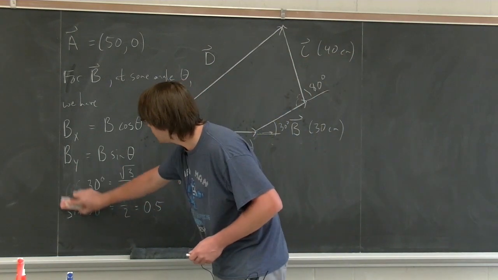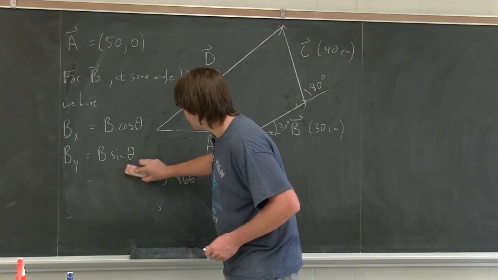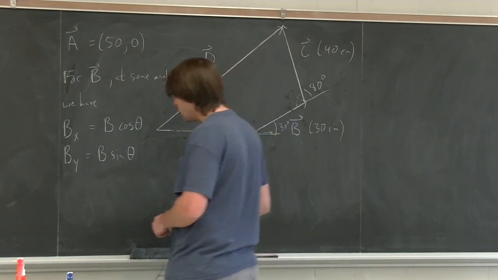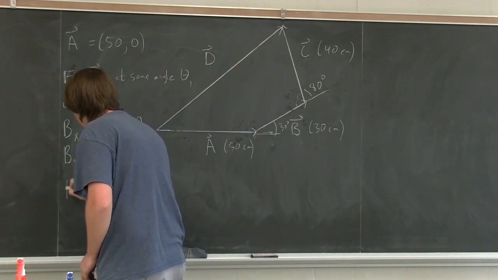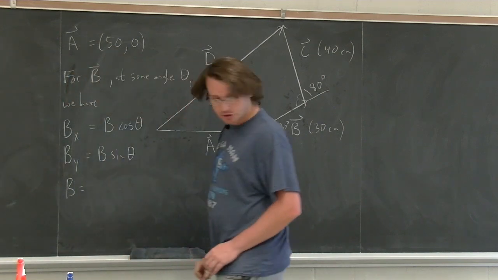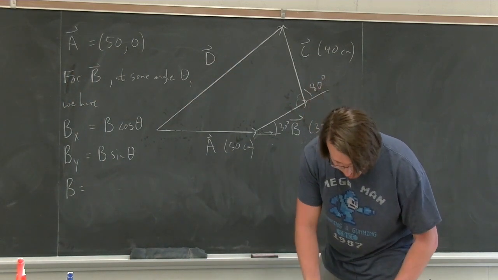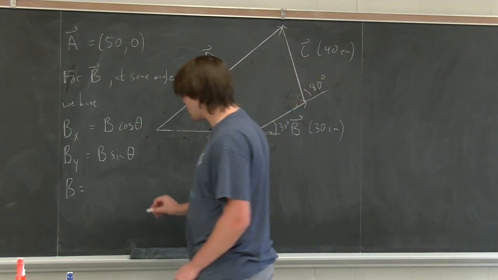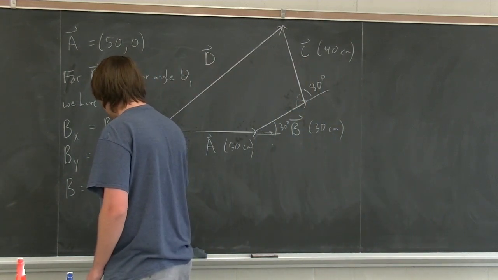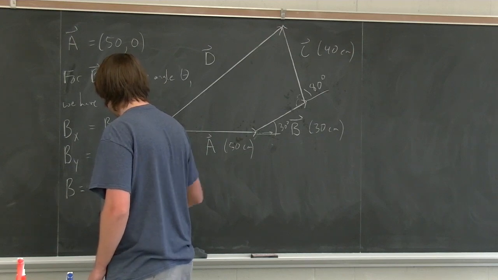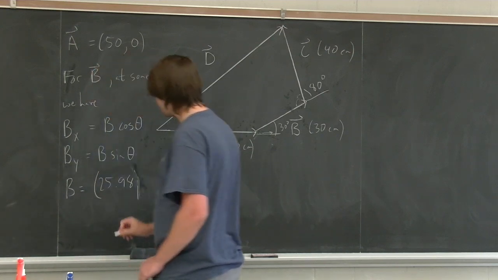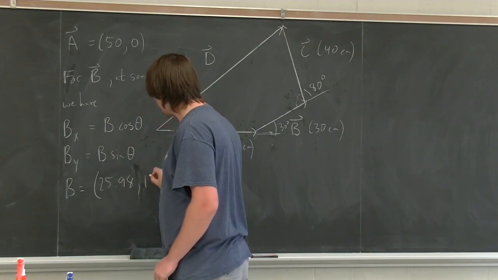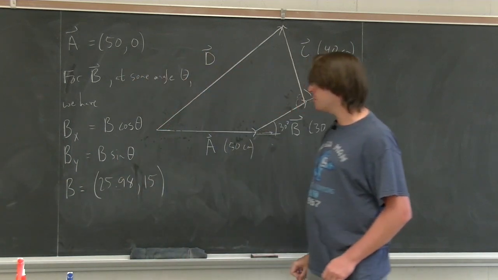Well, I'll keep the Bx, By definitions up there. So we have Bx equals 0.866 times 30, which is 25.98. And 1/2 times 30 is, of course, 15. So those are the components of B.